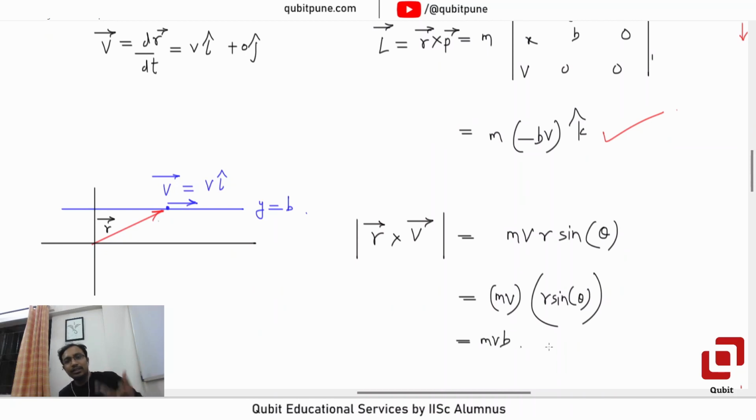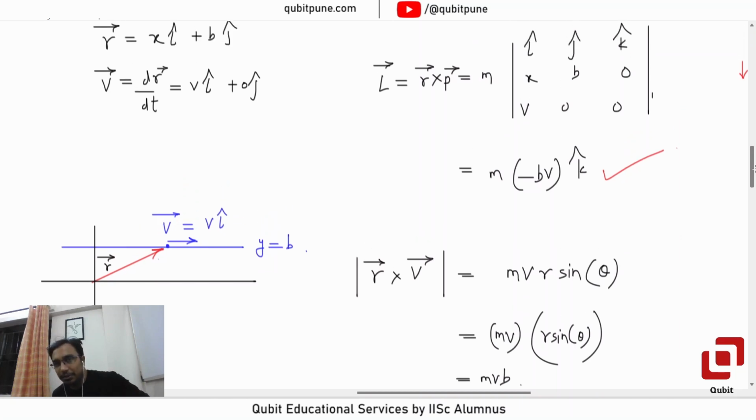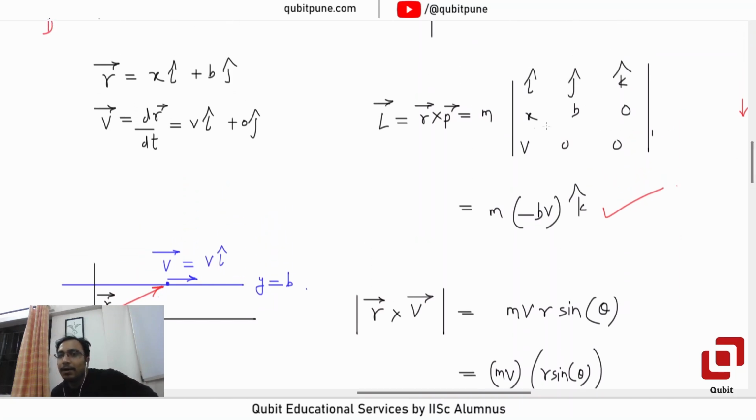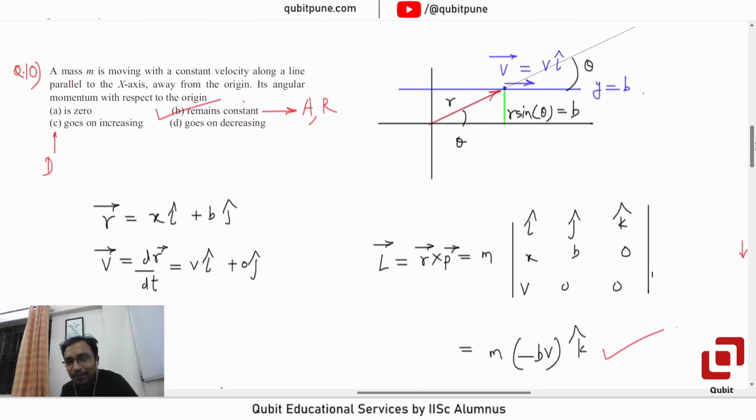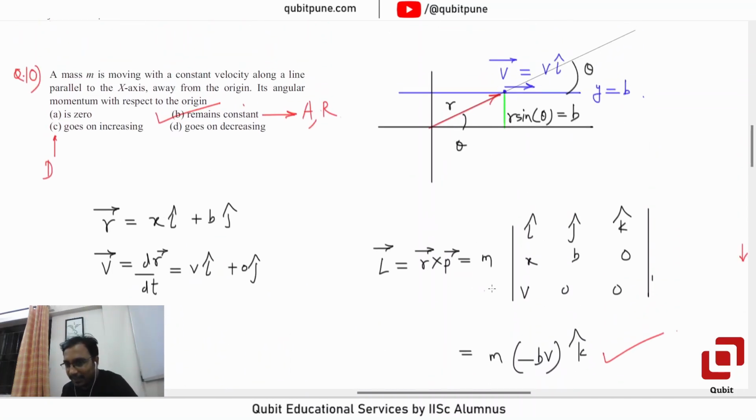So even without using the determinant working rule, we can still arrive at the same result, that it is indeed equal to m v b. The first method is always going to work. I always prefer the first one, with i, j, k, x, b, 0, v, 0, 0, because that gives us both magnitude and direction.